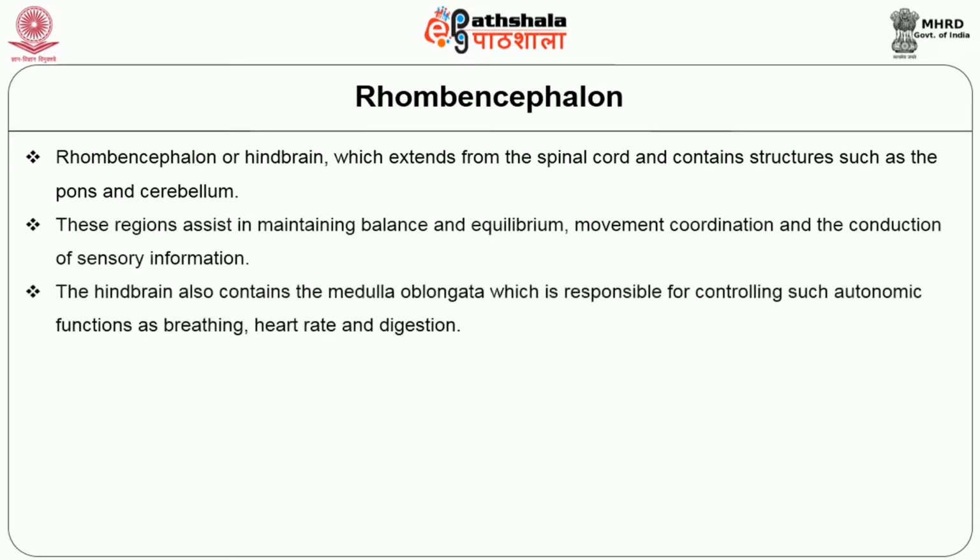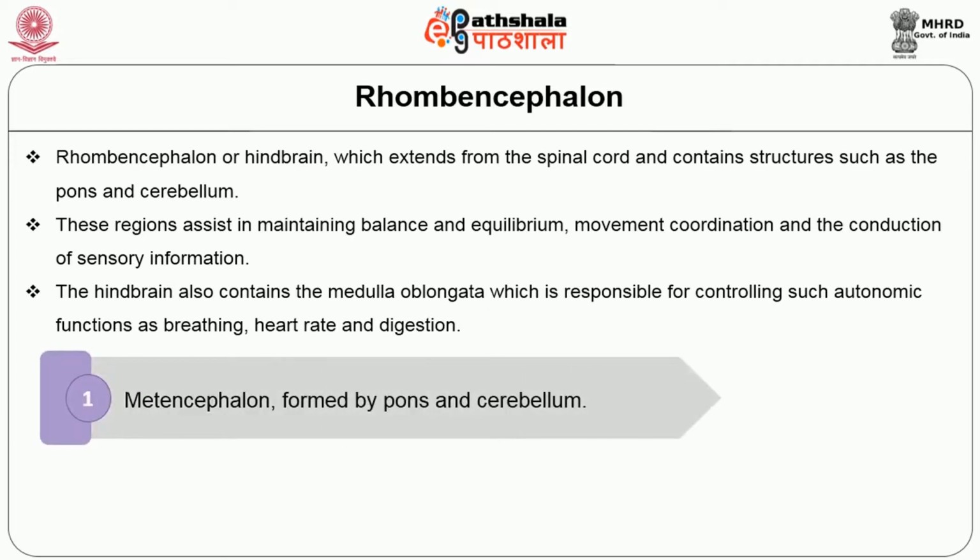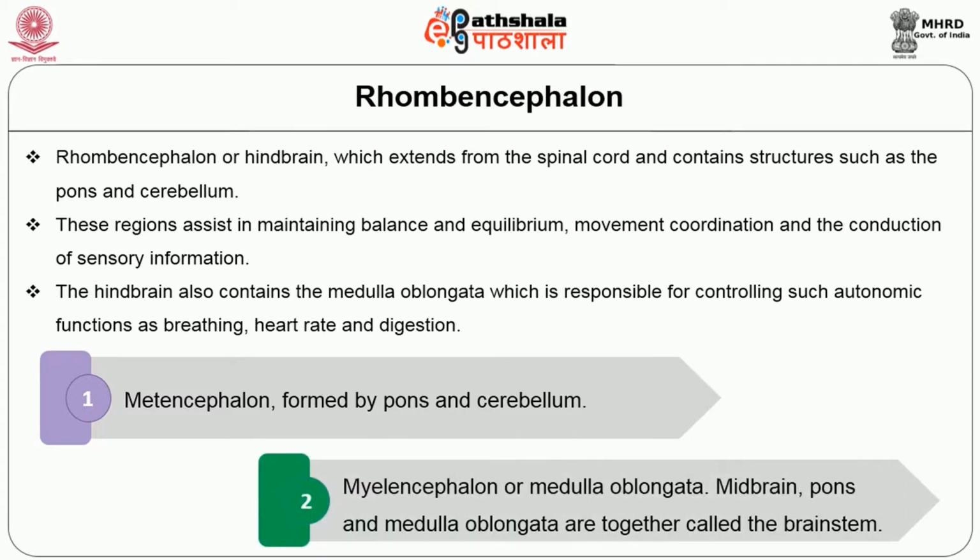The hindbrain also contains the Medulla Oblongata, which is responsible for controlling autonomic functions such as breathing, heart rate, and digestion. Again, it is subdivided into two portions as metencephalon, which is formed by the pons and cerebellum, and myelencephalon or Medulla Oblongata. The midbrain, pons, and Medulla Oblongata are together known as brainstem.